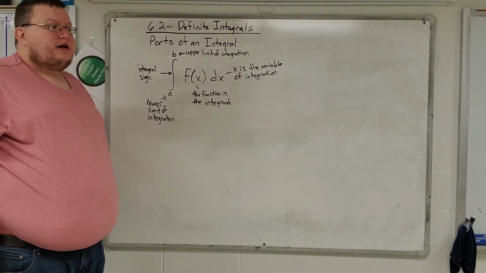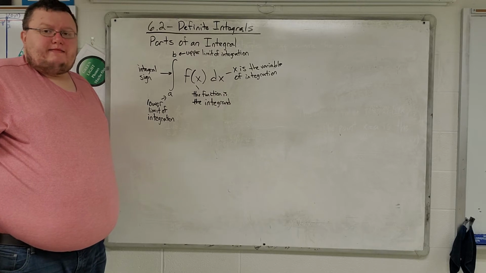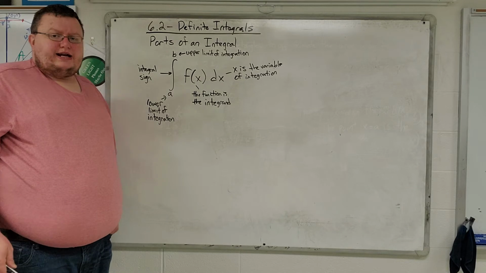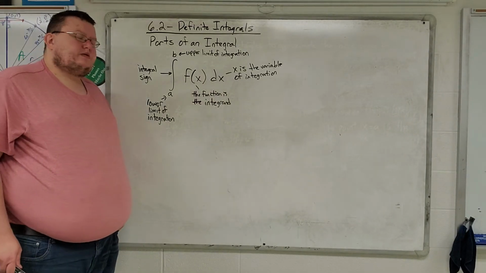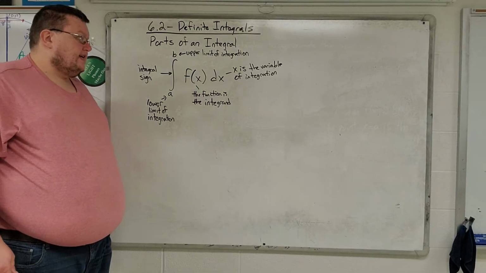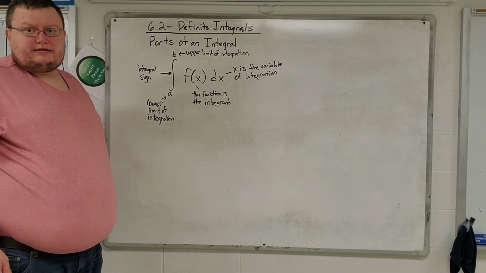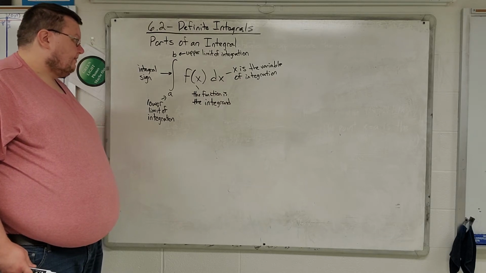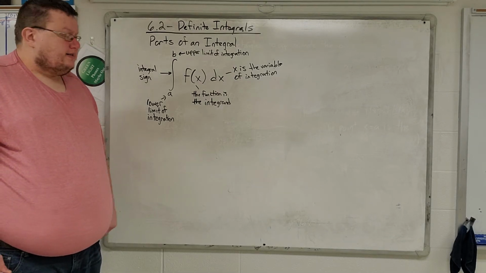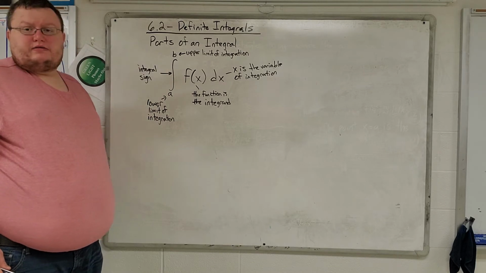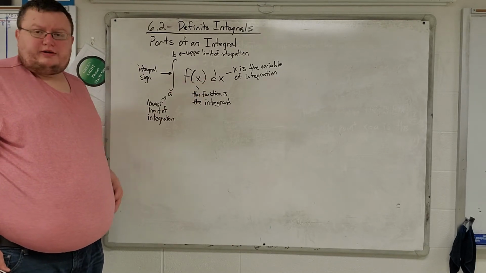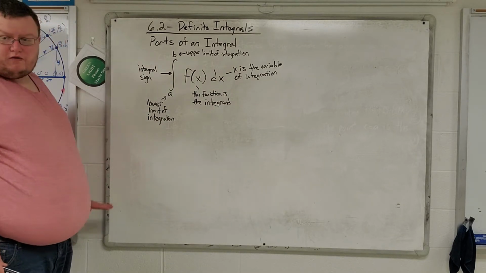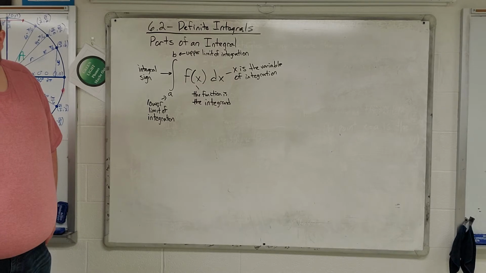If my function is dealing with time, maybe a velocity function or an acceleration function, then I'll use dt instead of dx. That's your variable of integration. That means that these limits are x values, matching the variable of integration. So this makes up the overall parts of a definite integral.